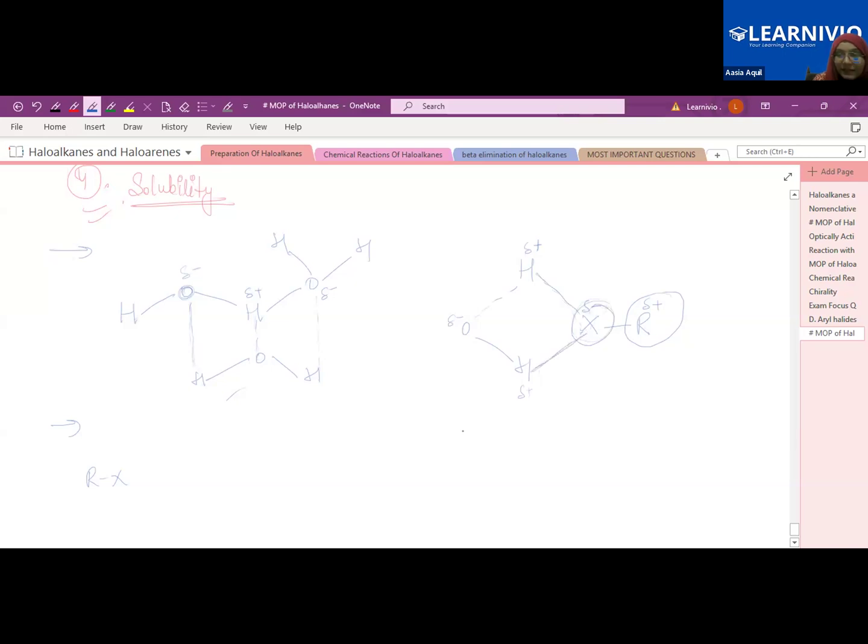This new force of attraction between this hydrogen and the halogen atom comes into play, and this is much weaker than the hydrogen bonding of the water molecules. So haloalkanes are immiscible in water due to this reason.